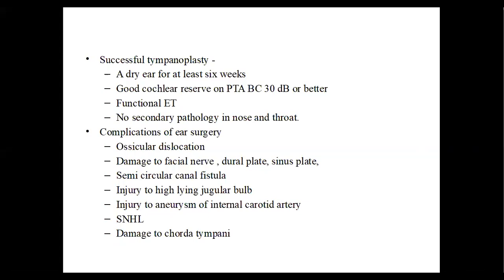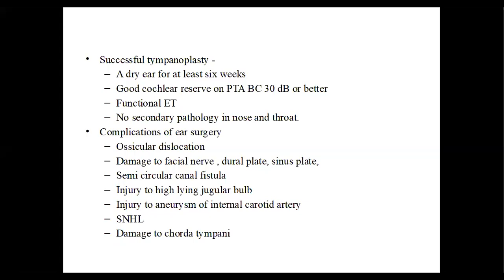So what are the commonest on-table complications you can expect? The first and foremost, you should be very careful when you are handling the ossicular chain and avoid damaging the facial nerve, dural plate and sinus plate, which can lead to torrential bleeding. And fistula formation. When you are drilling for the mastoidectomy, you should be very careful drilling around the lateral canal. If you drill the canal, there is a possibility of lateral canal fistula.